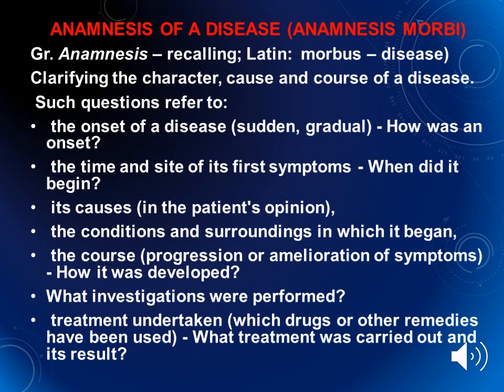Is it chronic or acute, and about the progression, amelioration of symptoms, and what investigations were performed, and treatment undertaken, and the effectiveness of this treatment, and the main cause of the patient's present visit.